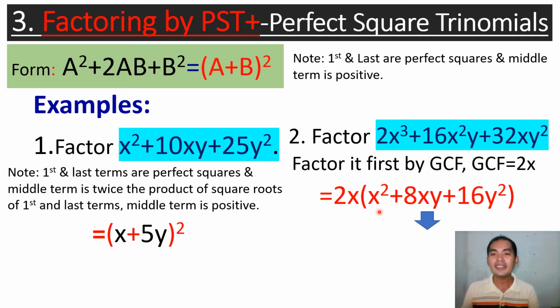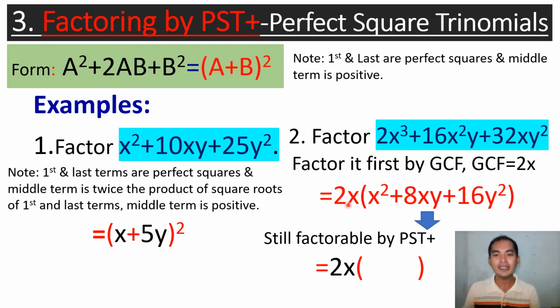But then, tingnan nyo muna kung itong trinomial is still factorable. There are three terms, so baka siya PST positive. Plus yung gitna, plus yung last. First term, perfect square. Last term, perfect square. So still factorable by PST positive. Anong gagawin? Kukopyahin na muna itong 2x. Gawa ka na ng parenthesis. Lagyan na ng square sa labas.